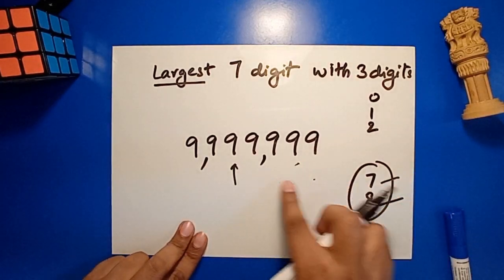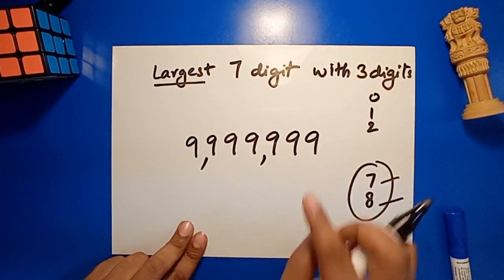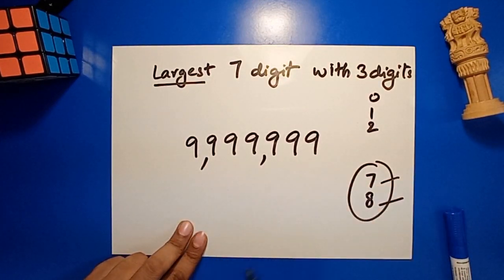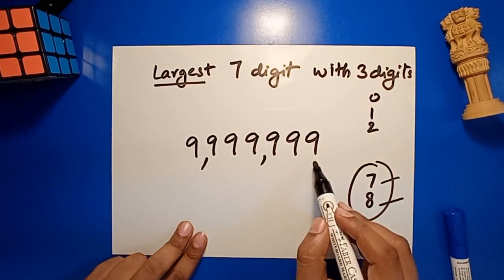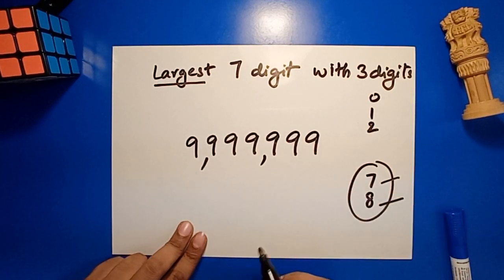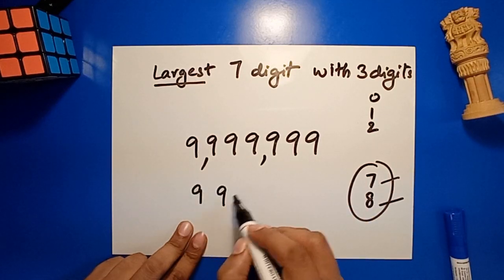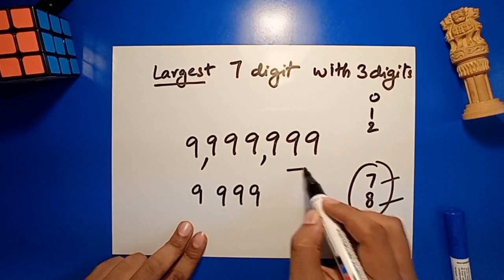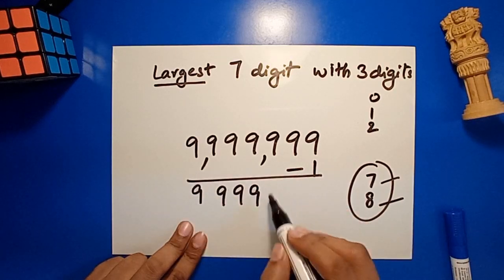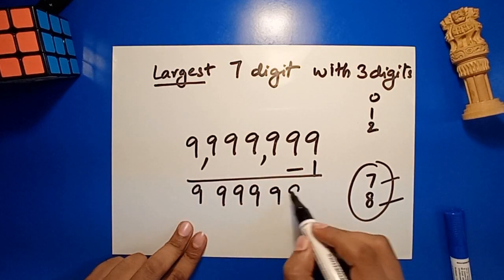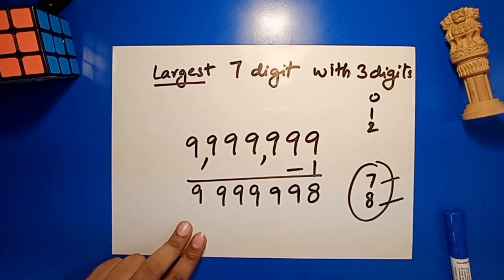In the other case, since this is the largest 7-digit number, what is the number that comes just before it? If I subtract 1, 9,999,998. Perfect.